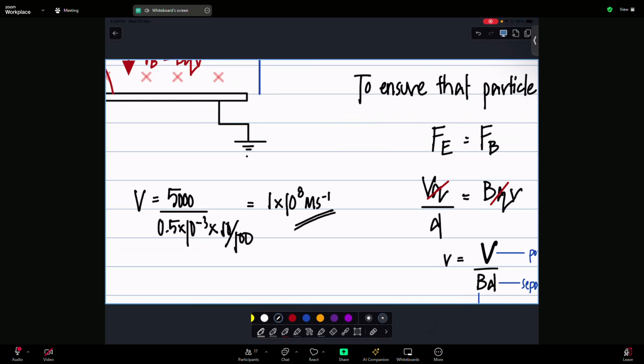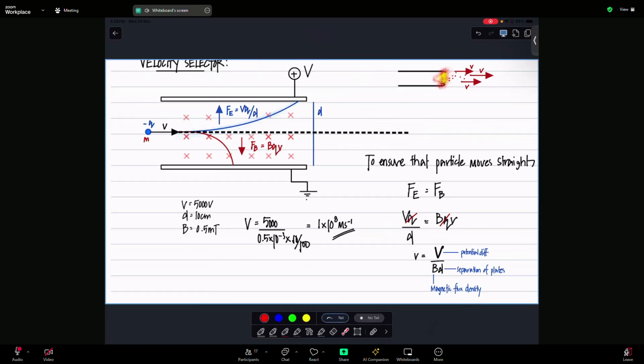What does it mean? It means that, listen carefully, the consequence of this device is that if your particle has this velocity, 1 into 10 to the power 8 meters per second, where will it go? Straight. If a particle is less than this velocity, it'll get trapped inside. If a particle is more than this velocity, it'll also get trapped inside.